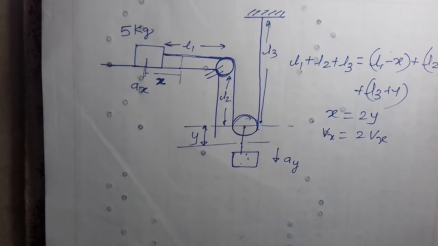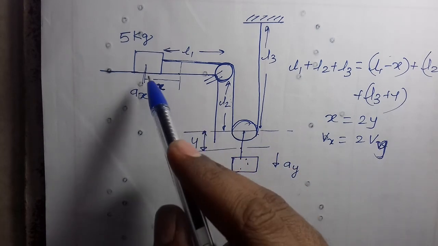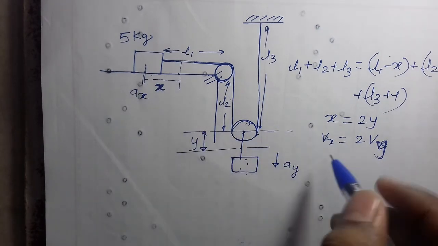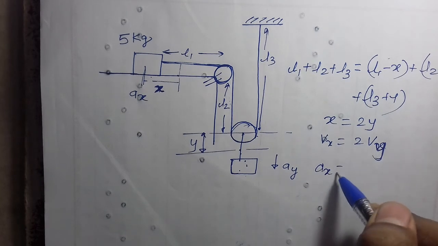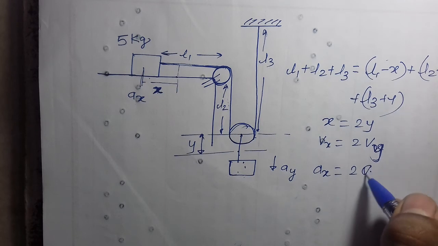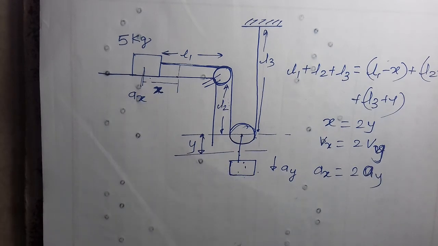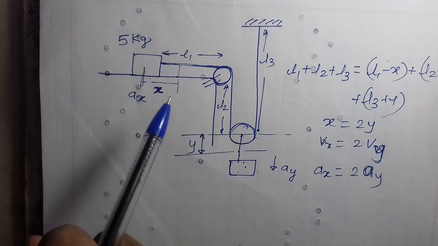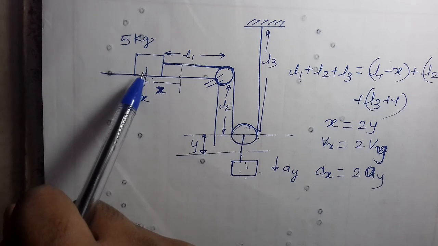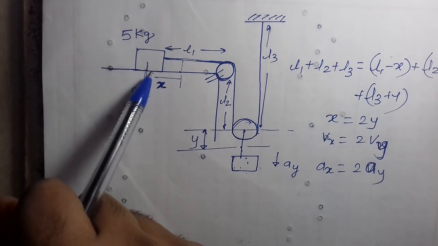By taking the derivative, Vx is equal to 2Vy, which means the velocity of this block is 2 times the velocity of this block. By taking one more derivative with respect to time, the acceleration of this block is 2 times the acceleration of this block. So if I assume the acceleration of this block as a, then the acceleration of this block is 2a.